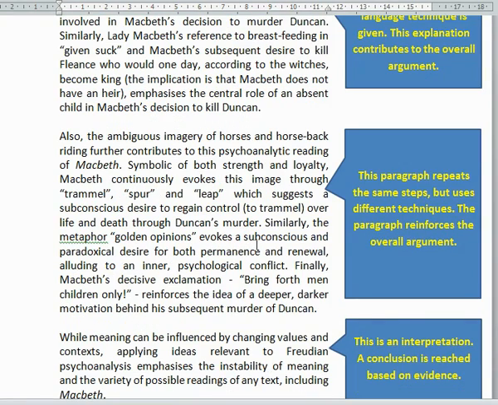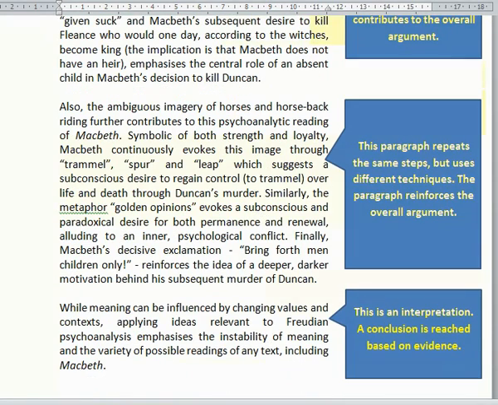It's an interpretation. You may not agree with this interpretation, but it is an interpretation nevertheless, and it's a good analytical paragraph. "Similarly, the metaphor 'golden opinions' evokes a subconscious and paradoxical desire for both permanence and renewal, alluding to an inner psychological conflict."